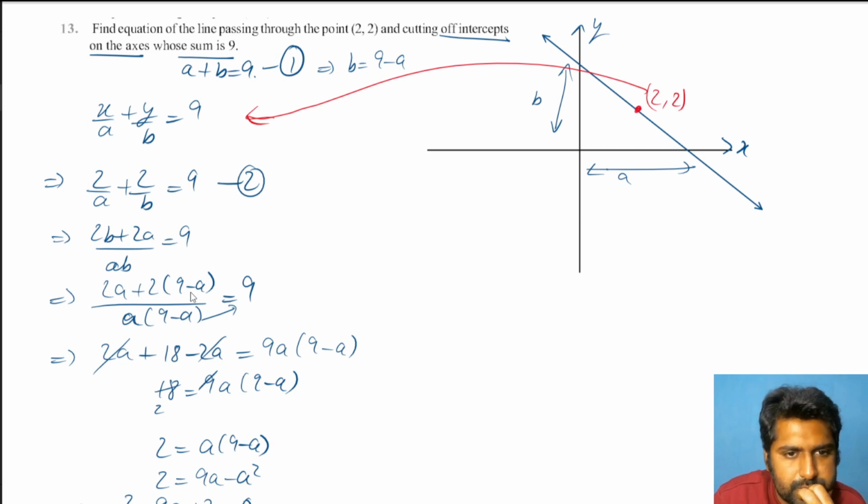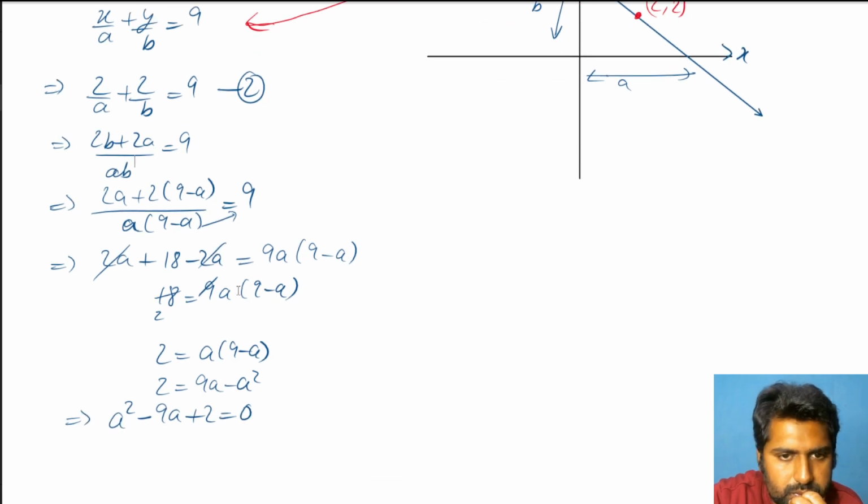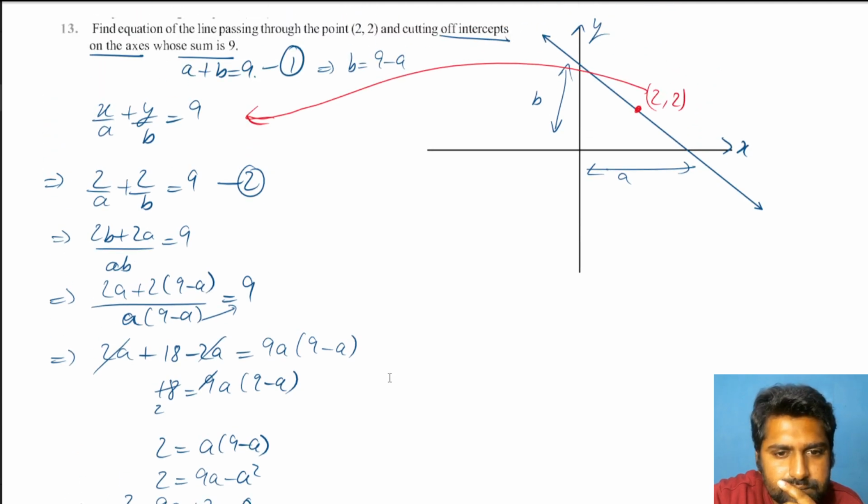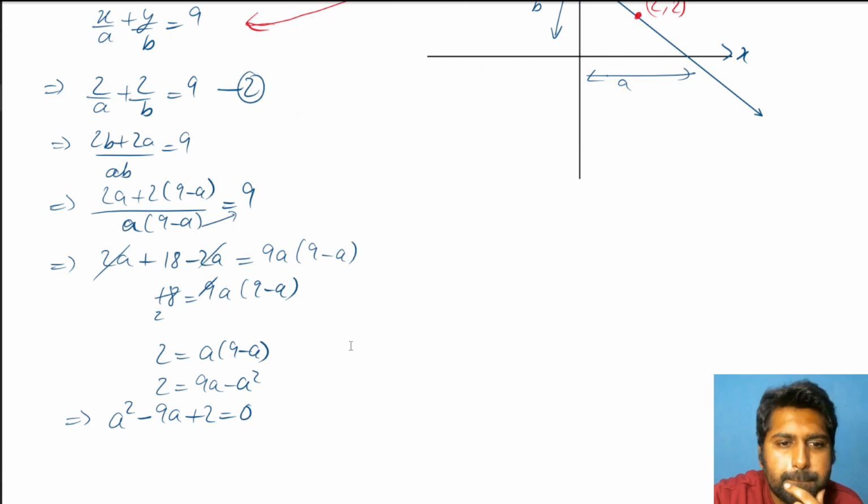So 2a plus 2 into (9 minus a), 18 minus 2a, 2a cancels. Why are we getting such a complicated equation? Sum is 9, I think we have solved it correctly. Must have made some silly mistake here.